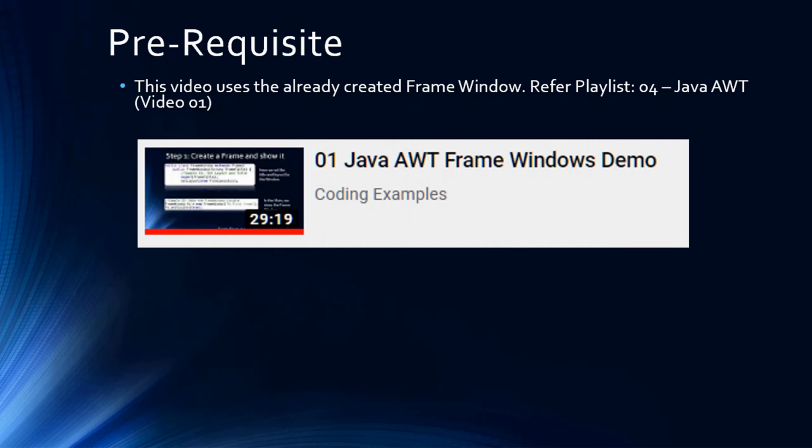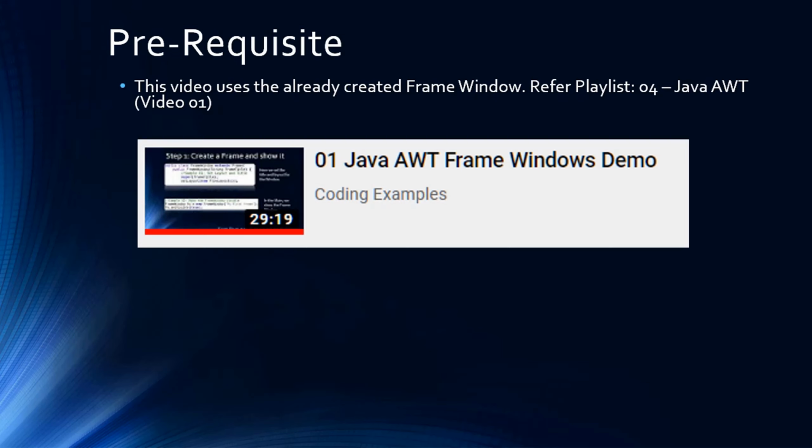So this video uses a previously created frame window. If you already have a frame window, you can simply proceed with this video. Or if you want to know how to create a frame window, watch our playlist 04 Java AWT and video 01. That means the very first video, clip 01 Java AWT frame windows demo.